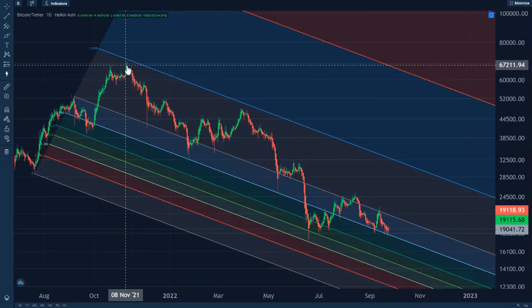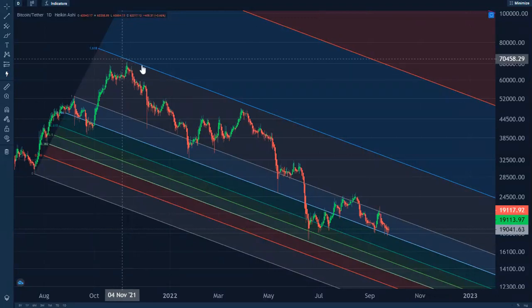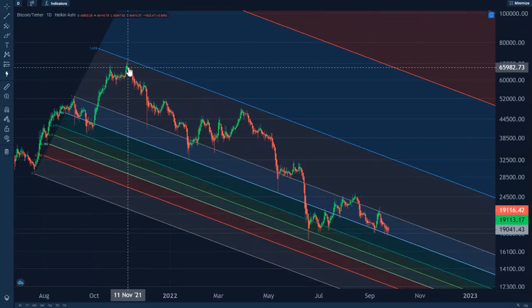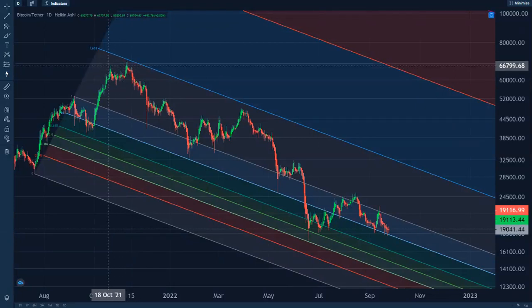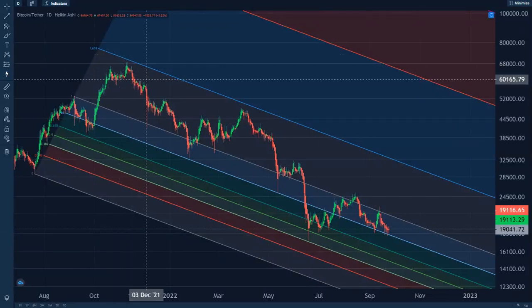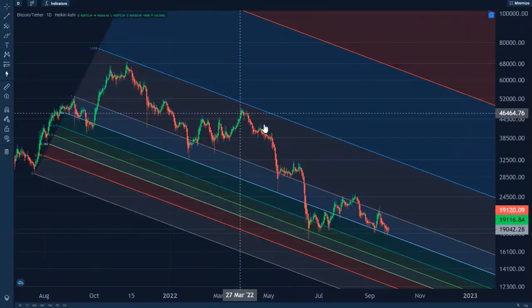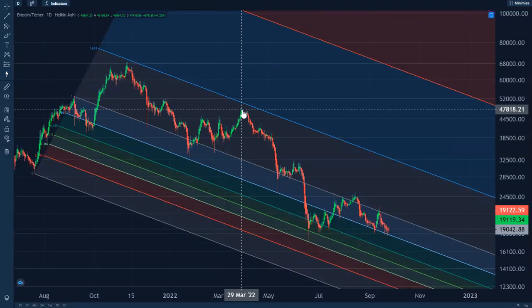That doesn't mean it always has to touch this. These are just points in mathematical time and space where we could expect a change in trend. Somewhere up in this three-quarter point we could expect it, and of course we did down here in our next March top, and it kept completely in line.